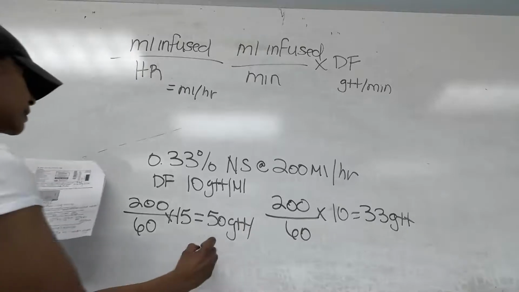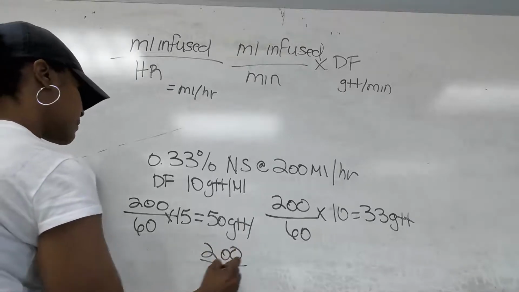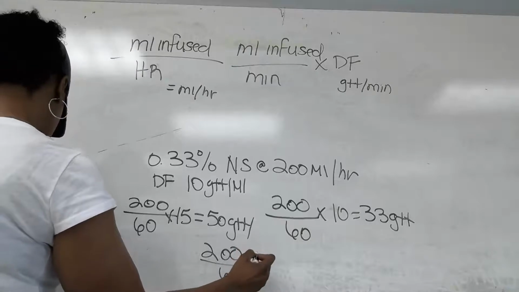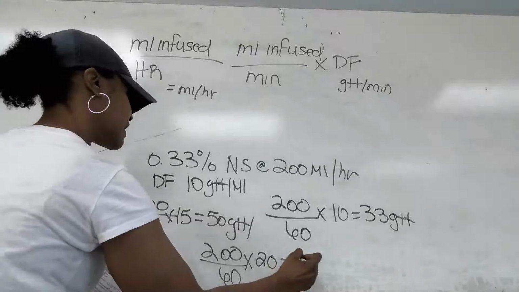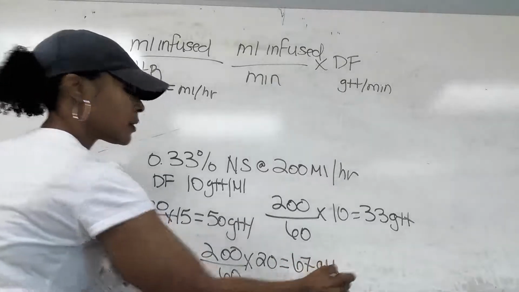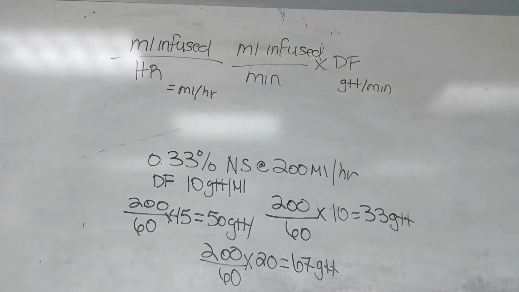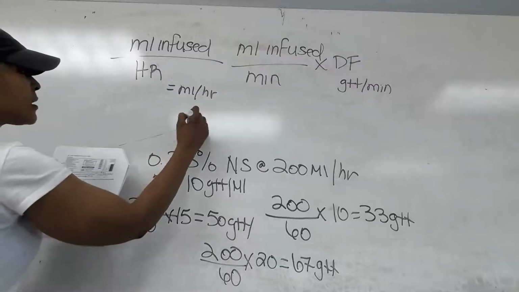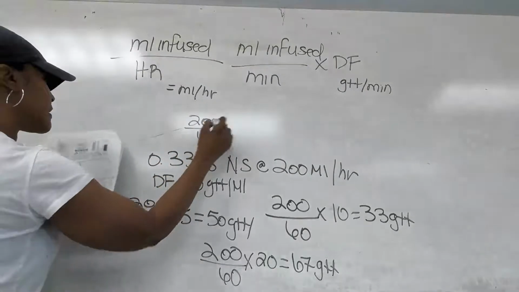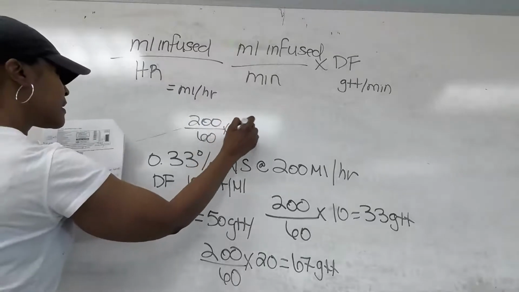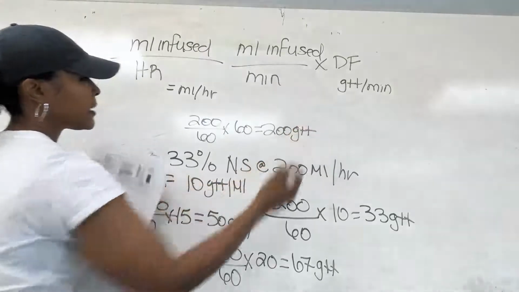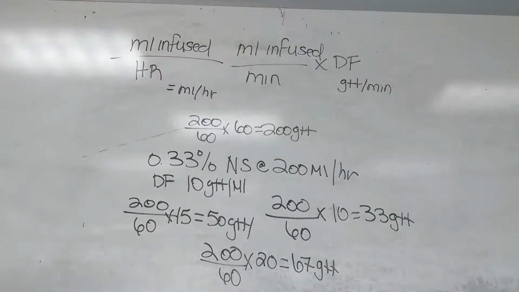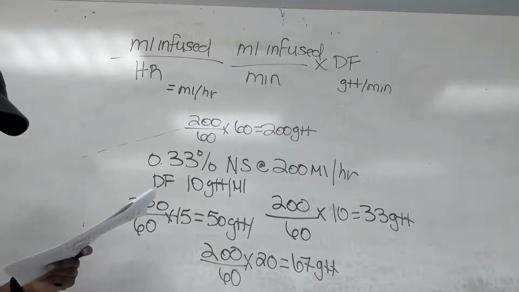The next one, same setup, 200 divided by 60 times 20, and the answer comes out to 67 GTT per minute. And the last one, 200 divided by 60 times 60, and we come out with 200 GTT per minute. I think it came out to 199 point something. 0.99999. Yeah.